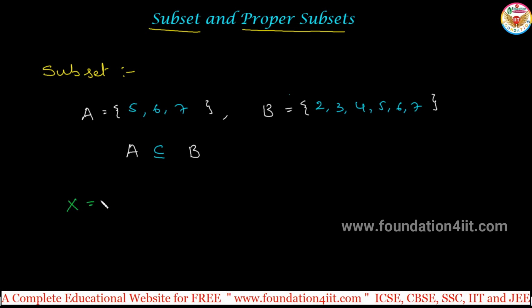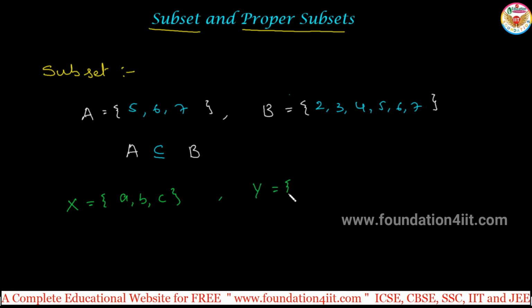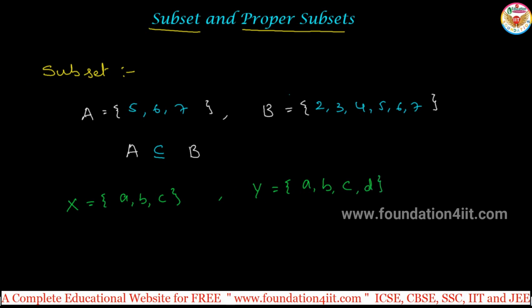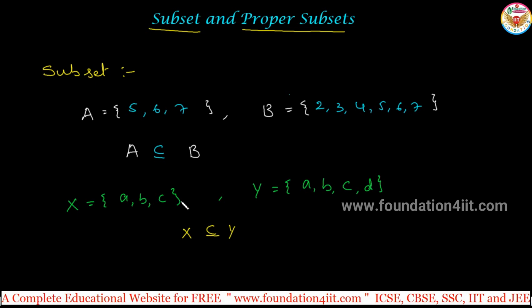Let us take X as a set having A, B, C, and set Y also having elements A, B, C and D. Only one is extra. Every element in set X belongs to set Y. So X is a subset of Y. This is the subset symbol and you can use it in this way.